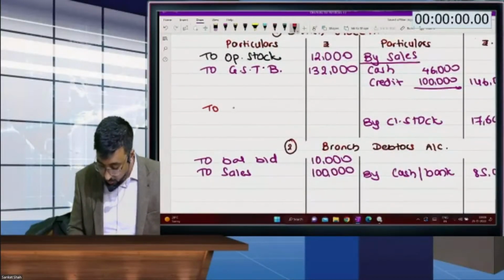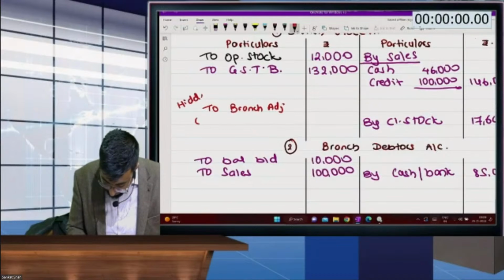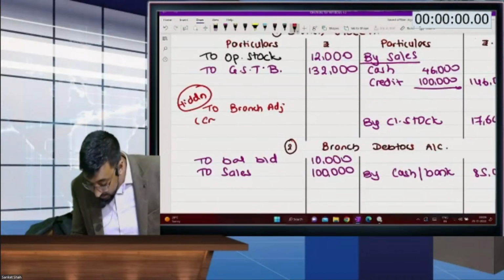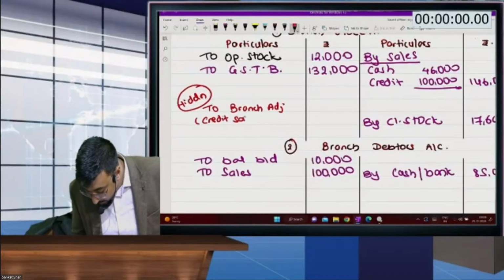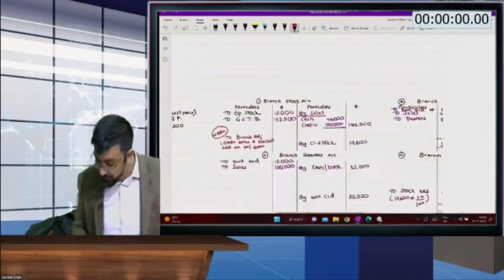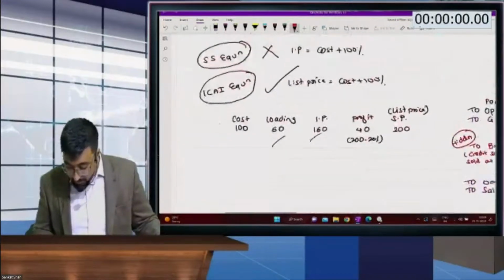To branch adjustment. Now this is a hidden adjustment. Okay. Credit sales, rupees 1 lakh, sold at 20% extra. At how much did we sell? Sold at 20% extra.